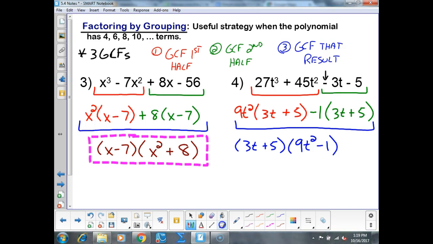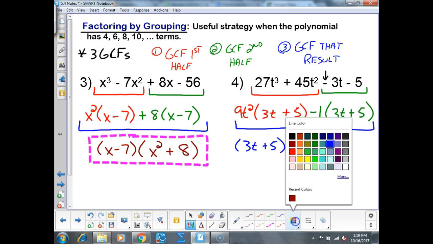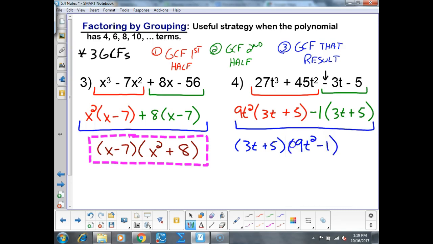No. 9t squared minus 1, is it factorable? Yes, because it's a perfect square minus a perfect square, right? So this becomes 3t plus 5, 3t minus 1, 3t plus 1.